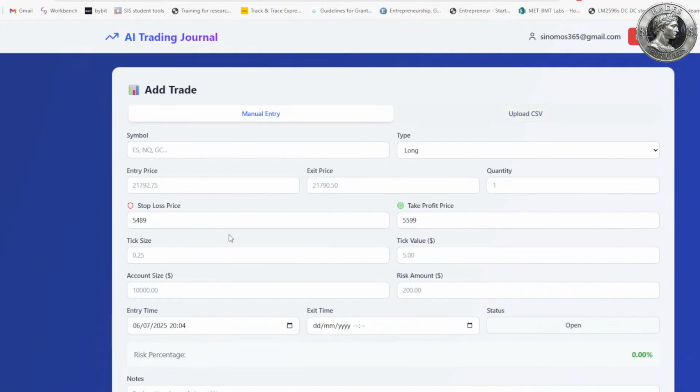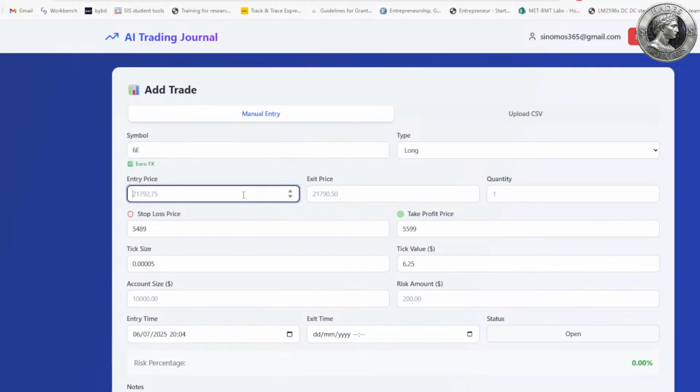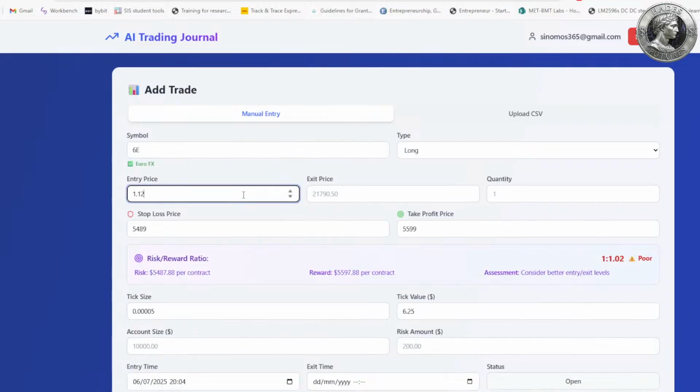And what I like here is, you can use this not only to log your trades, but also as a calculator. Again, let's make one quick 6E. What is the price? 1.123, and then 1.129, for example.